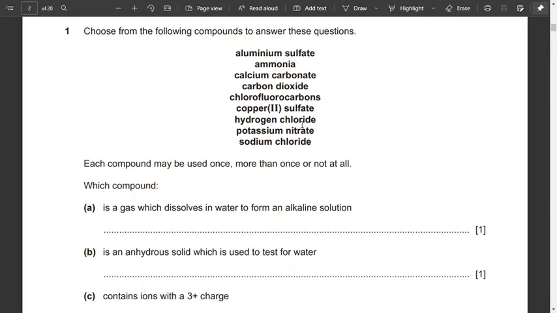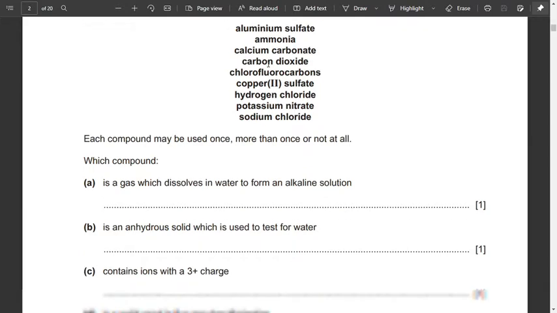Hydrogen, H+ Cl−. Copper(II) sulfate, as you can see, has a 2+ charge, so it's not copper(II) sulfate. Not even carbon dioxide, calcium carbonate, or ammonia. It's basically aluminium sulfate. If you look in the periodic table, aluminium is from group 3, so it has a +3 charge.